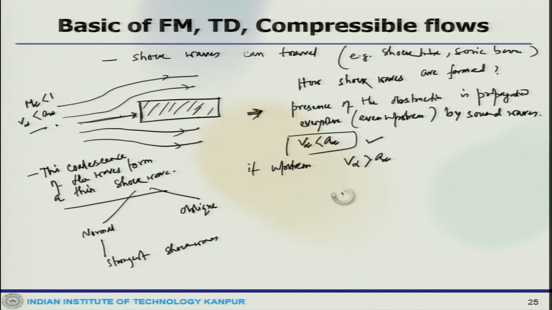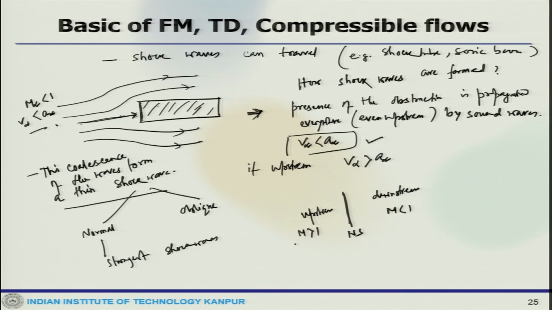Let us say if you have a normal shock here, then this is upstream, with Mach number greater than 1, then this is downstream. So, this would be subsonic.